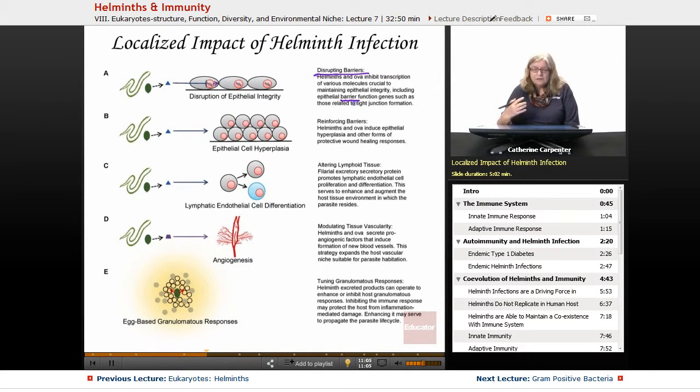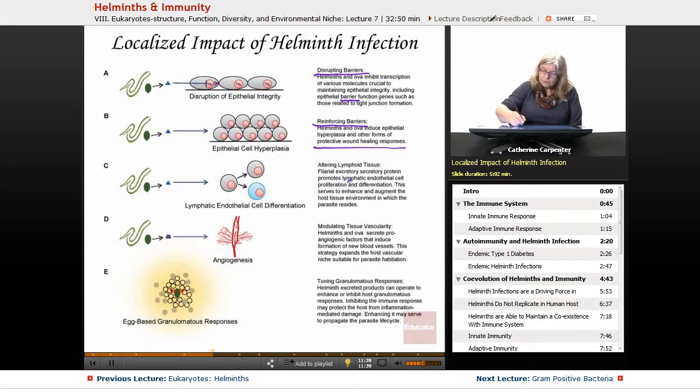So by doing that, these helminths actually reinforce the barriers, because it induces hyperplasia of these epithelial cells, and in terms of this protective wound healing, they actually cause these cells to close up. And then the filariasis, for instance, migrating to the lymphoid tissue, also alter the lymphatic system, and they do so by various secretions of proteins.